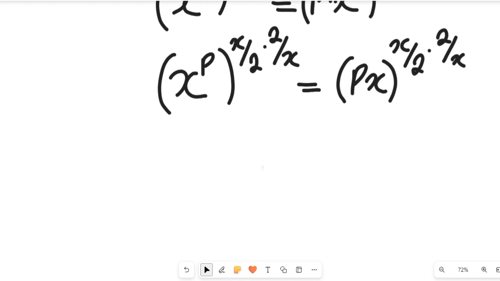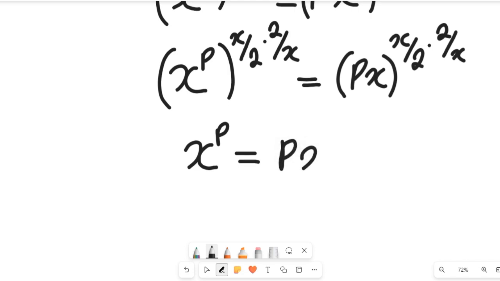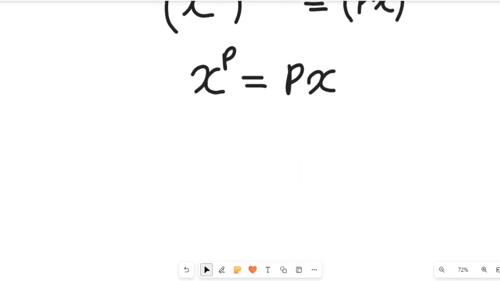So if we simplify that expression, you're going to see that all the power is going to be gone, and that expression will now give me x to the power of p equal to px. So if I want to find the value of p here, what I'm going to simply do is to divide both sides by x.